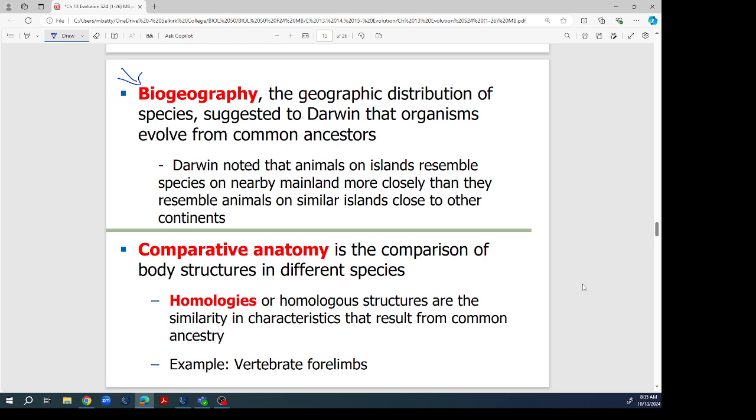The other line of evidence here is comparative anatomy. And I'm unclear if the textbook meant to have comparative embryology under comparative anatomy, but comparative anatomy is really talking about the different structures in species. And so homologies are an important concept when we talk about comparative anatomy.